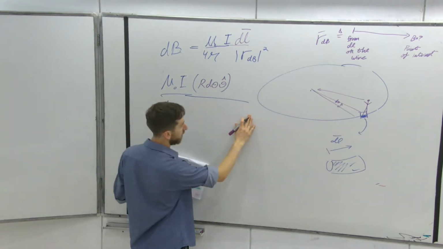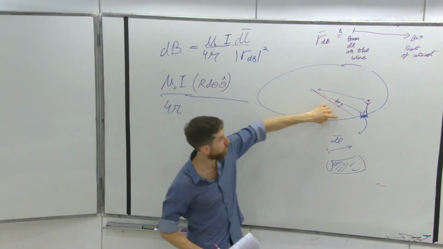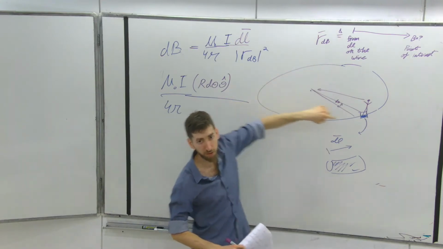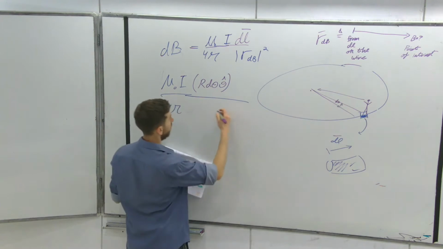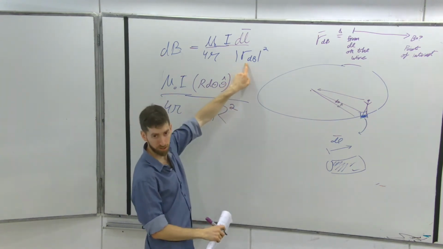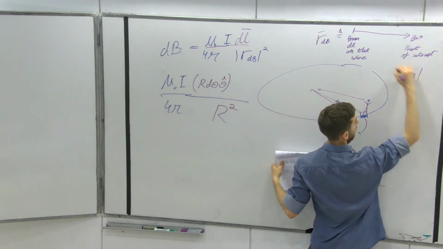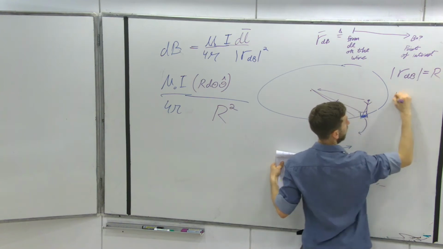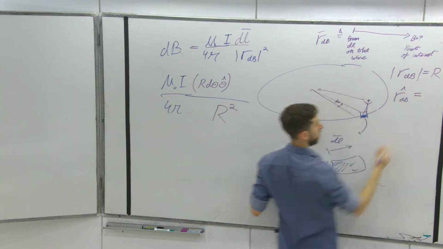So in our case, what is this distance? This is a ring with the given radius, so this distance is actually the radius. Here I'm gonna put R squared. So we know r_dB in our case is equal to R. But what is the direction of r_dB?